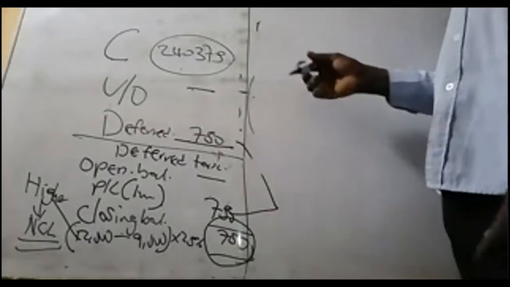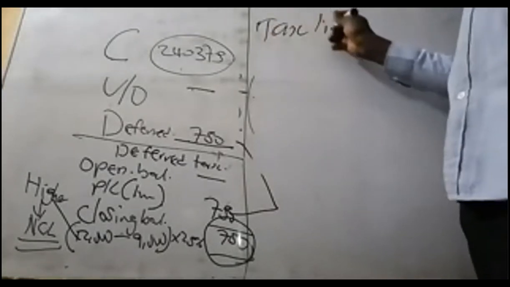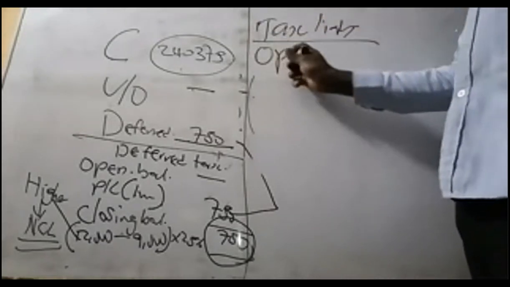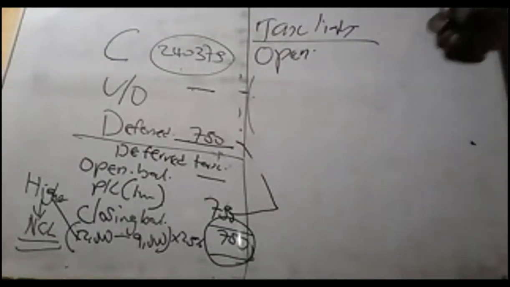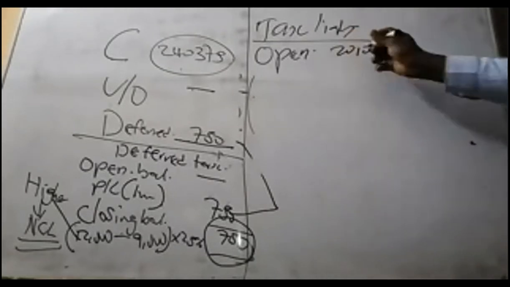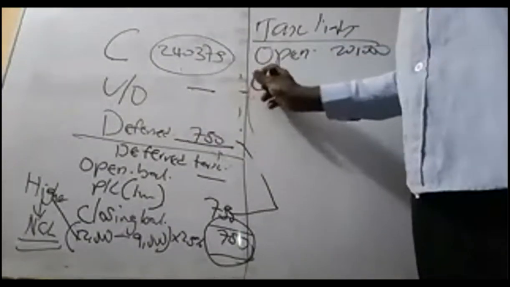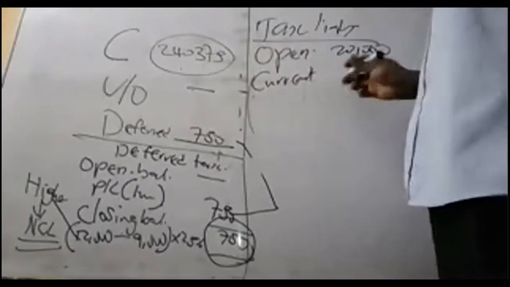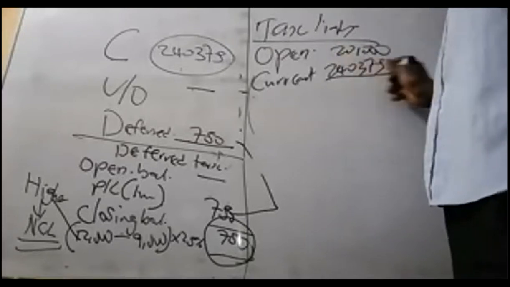So to get a provision, a tax liability at the end of the year, the examiner says the open balance at the start of the year, they were owing 20,000. And then during 2019, they've made a provision again of 240,375.